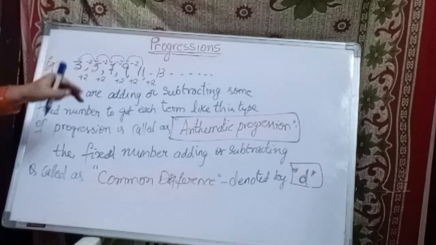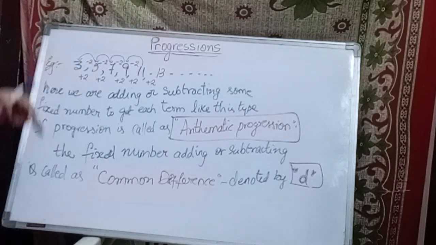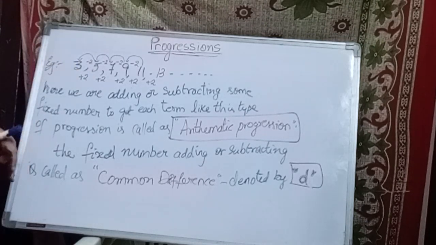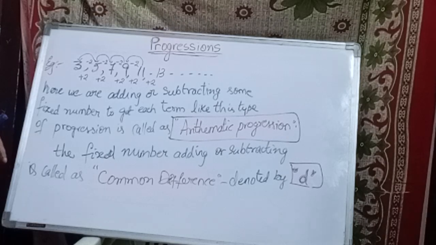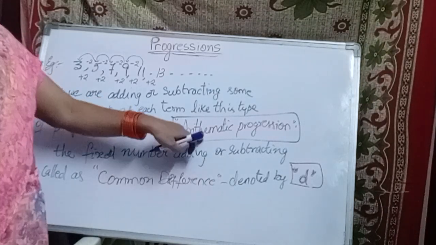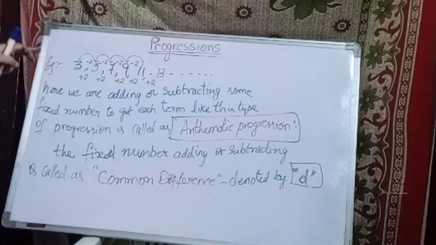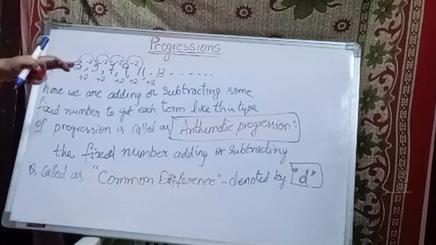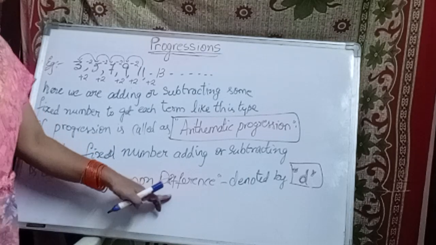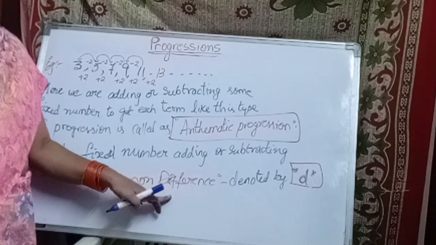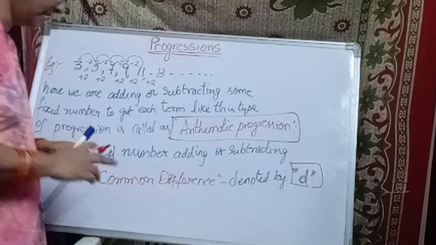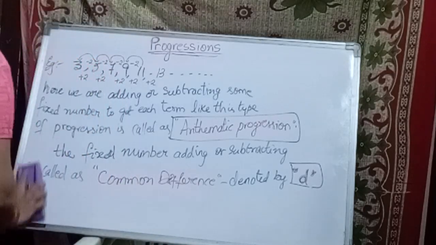So the progression in which some particular fixed number is added or subtracted to get each term, this type of progression is called an arithmetic progression, and that fixed number which is added or subtracted to get each term is called the common difference in the arithmetic progression.